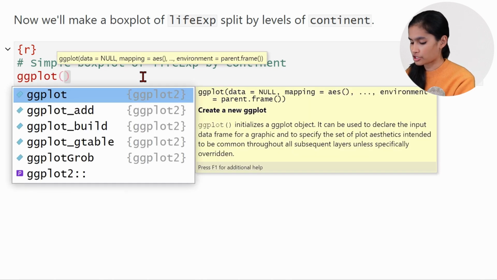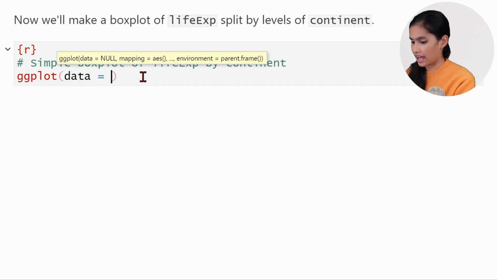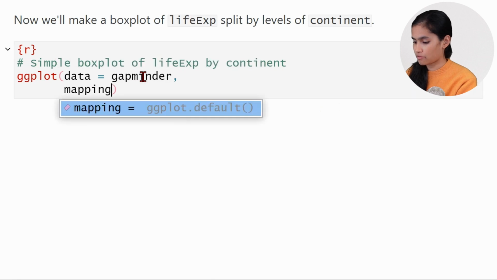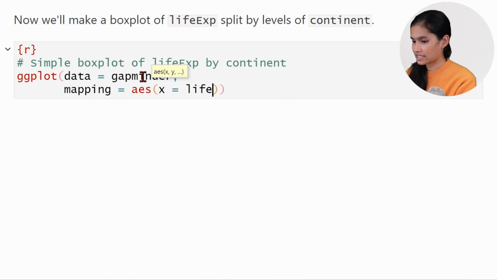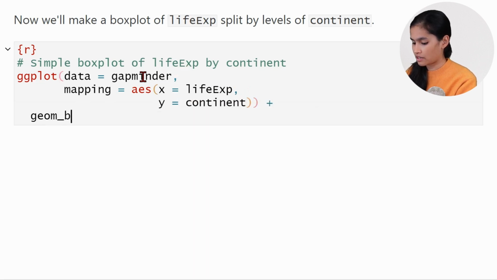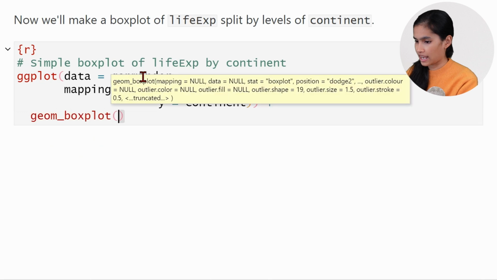Start again with ggplot, have the same data and mappings as before, but we'll add an additional mapping. So we have x equals lifeExp as before, and now we'll also add y equals continent. Then again, geom_boxplot at the end.